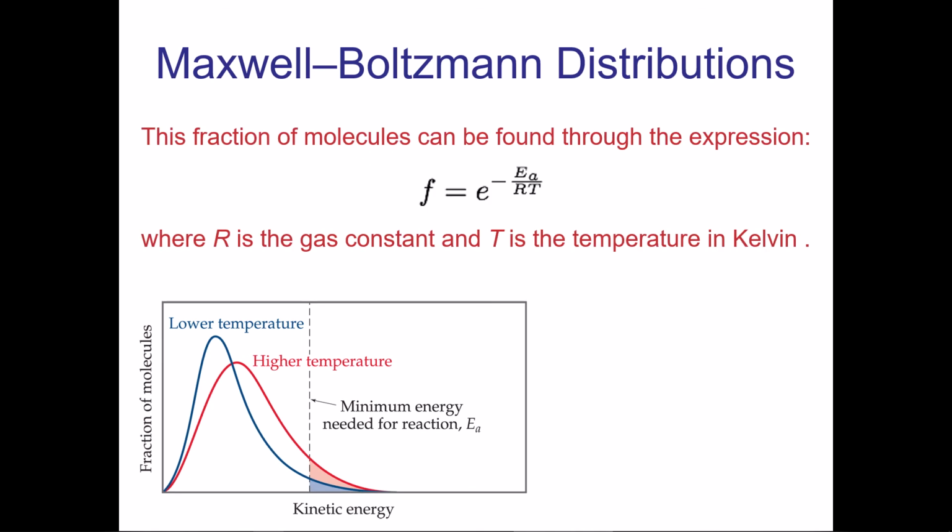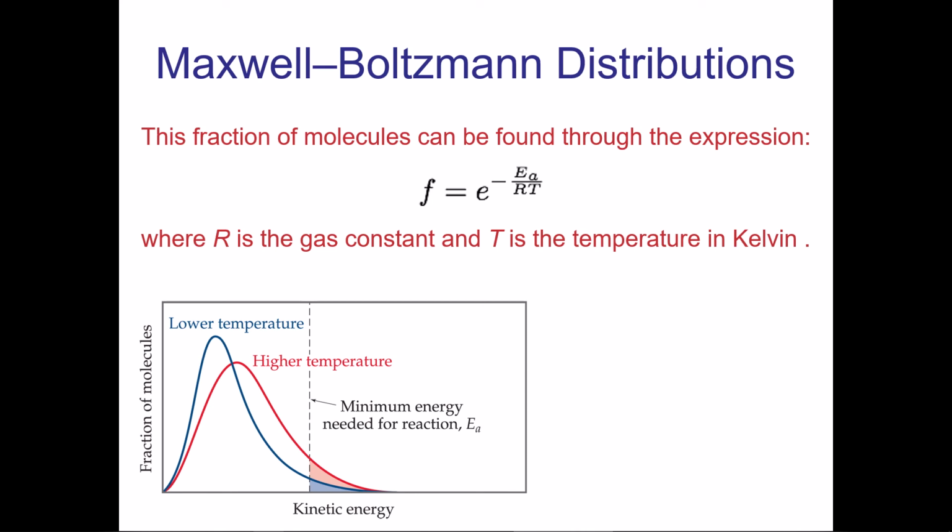The mathematical expression for this is given here. F represents our fraction of molecules equal to base e raised to the negative activation energy divided by our gas constant R times T. Our gas constant R is still in energy units, so this is still our 8.314 joules per mole Kelvin.